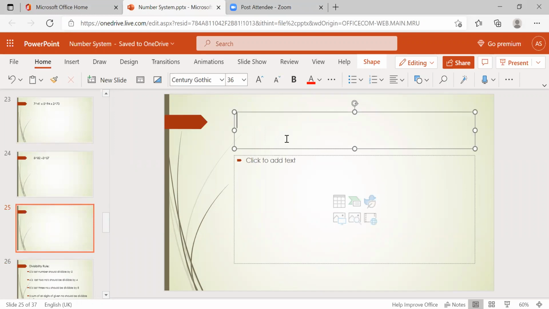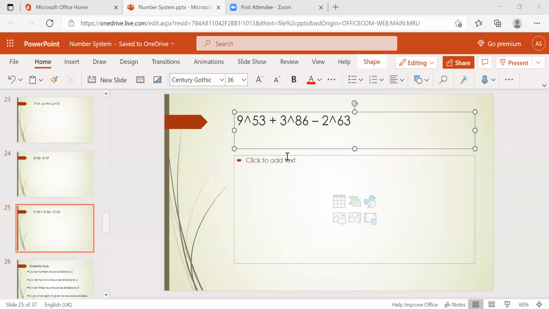See, 9 power 53 plus 3 power 86 and minus 2 power 63. Now check this. Here 9, I said.